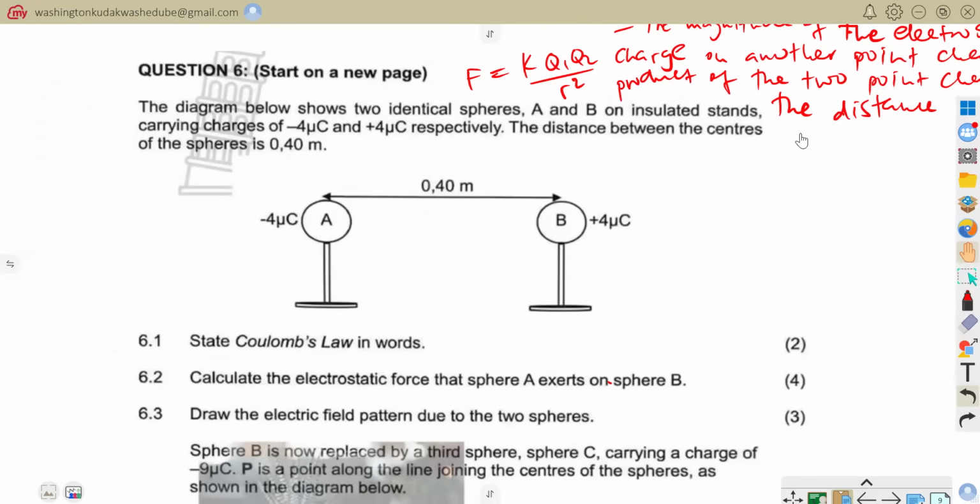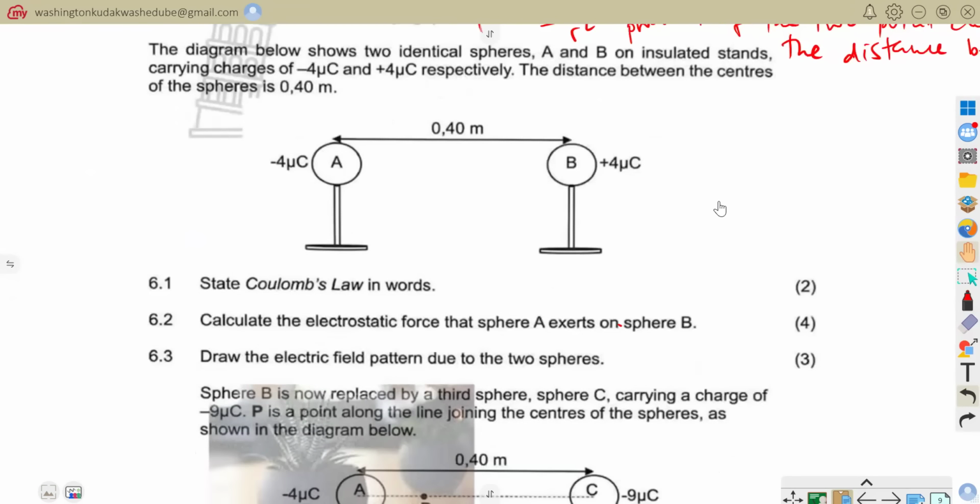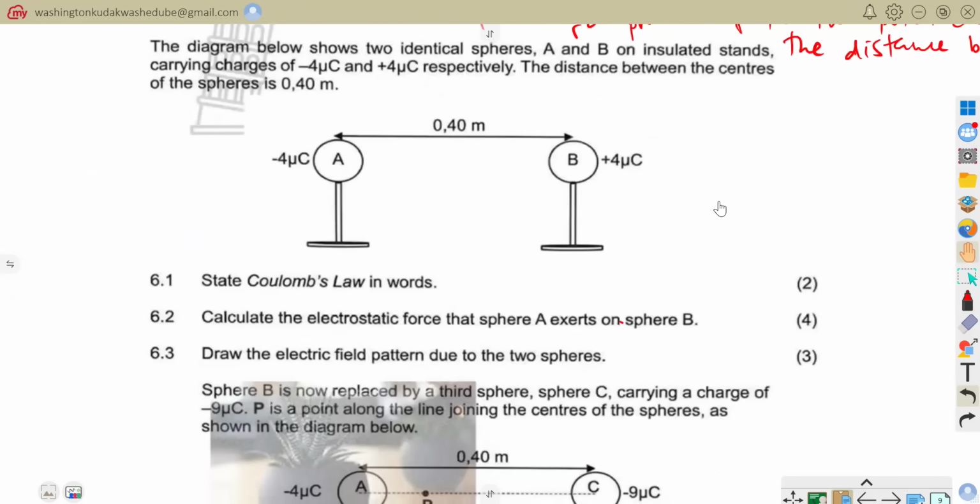So that is what Coulomb's law states in words. Here you are given this information on the diagram. That is what was being described there.